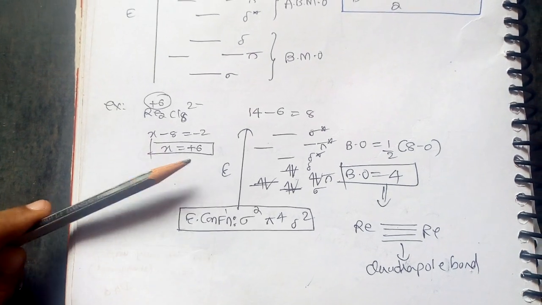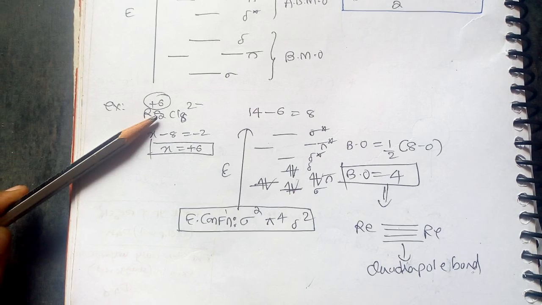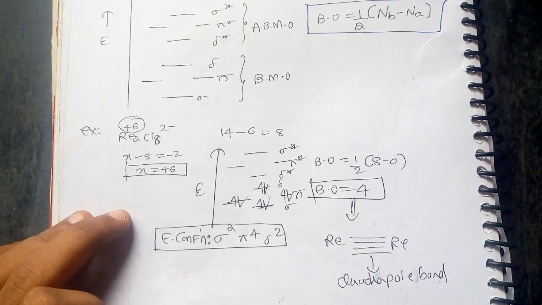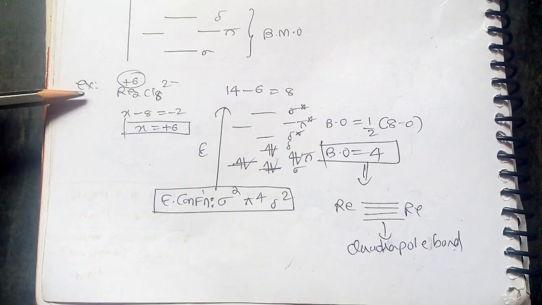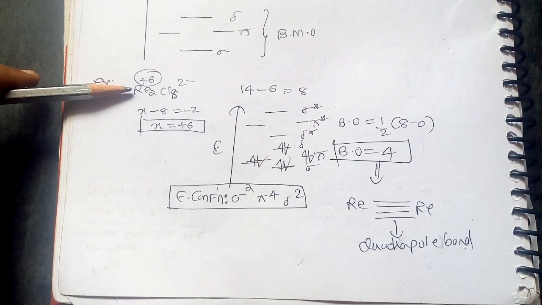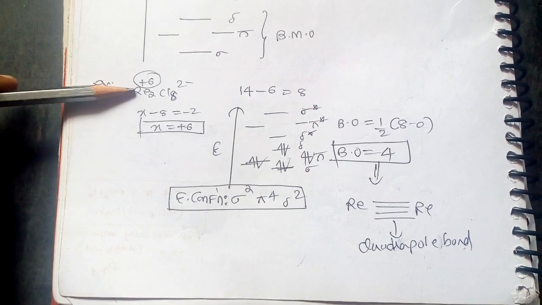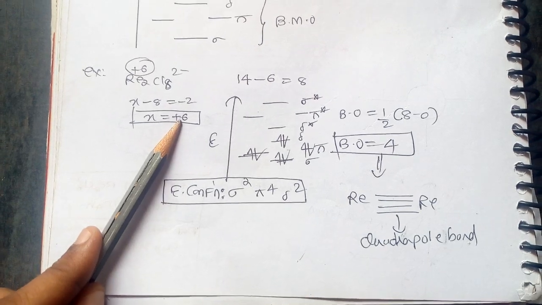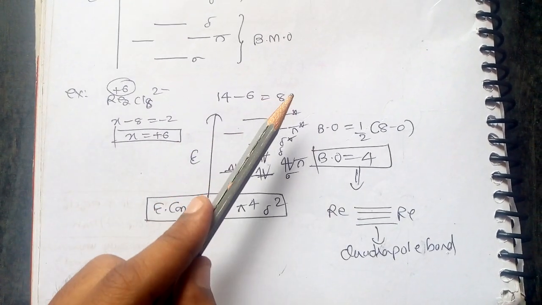Here x is plus 3, meaning the oxidation state of each Re atom is plus 3. Re comes under the manganese group. For manganese, valence electrons are 7. Similarly for Re also, 7 valence electrons are there. 7 into 2 means 14 electrons. In that, plus 6 means we have to subtract 6 electrons. 14 minus 6 means we get 8 electrons.